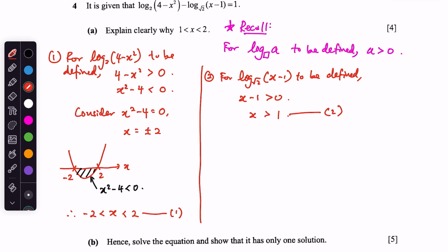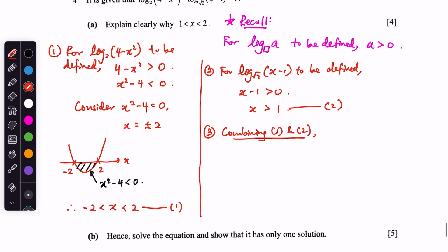So now let's combine them together. Combining equations 1 and 2, let's draw a number line just so that it's a little bit easier to read. We have negative 2, 2, and then let's say 1 is here. We have negative 2 up to 2, so let's draw these two open circles.